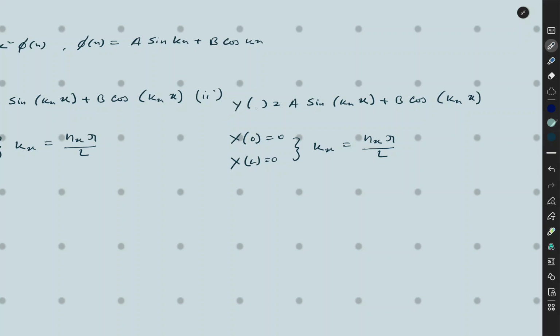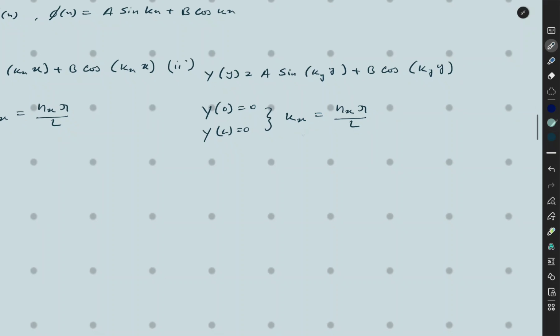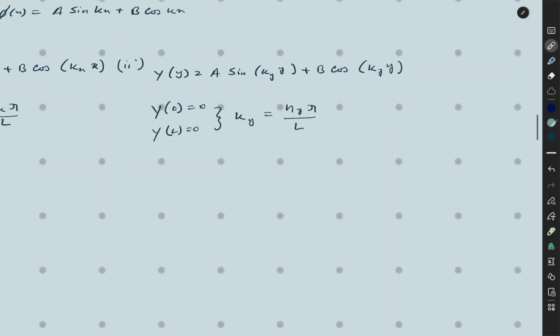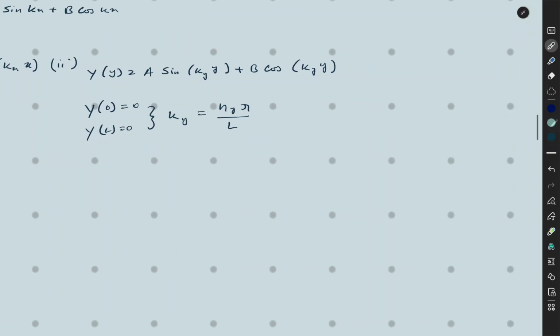For the y part, this will be y, this will be y, and here it will be y and y. We can take a and b in both the cases because those are arbitrary constants, and I have said that we need not care about those arbitrary constants because those are just arbitrary numbers. So we got this.